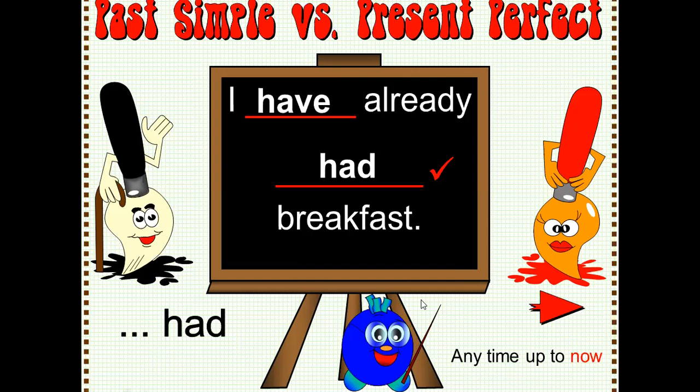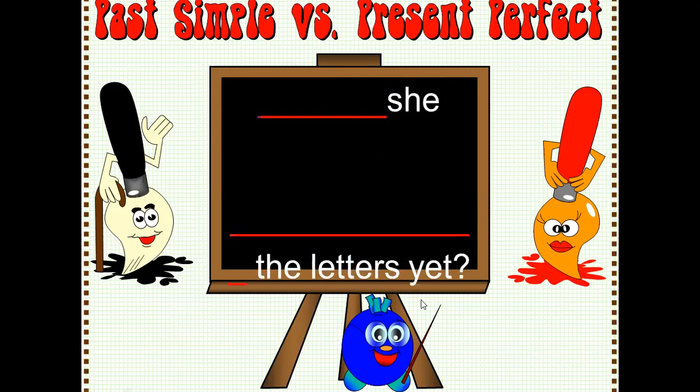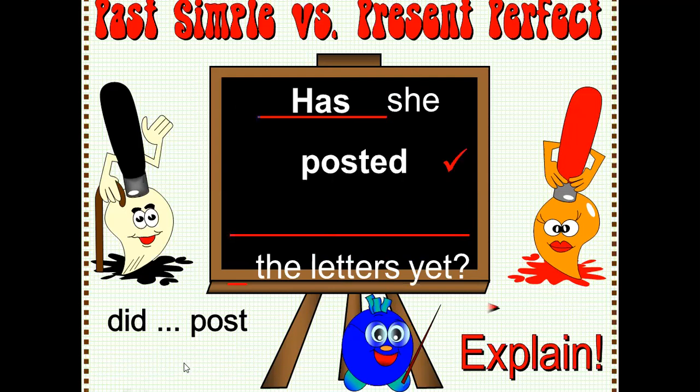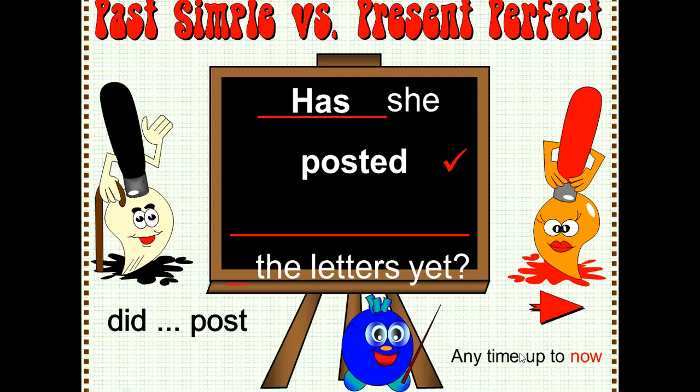Okay, my friends. Again, here is yet. I choose has posted. Has she posted the letter yet? Of course, it's present perfect. Why? Let's be explained. Anytime up to now.